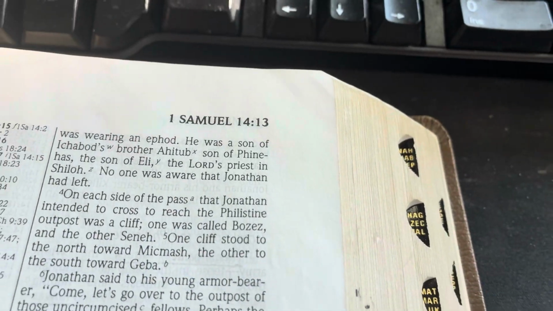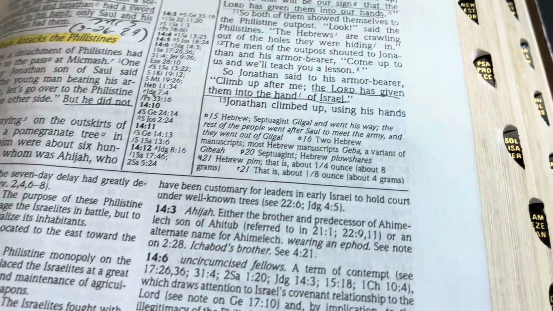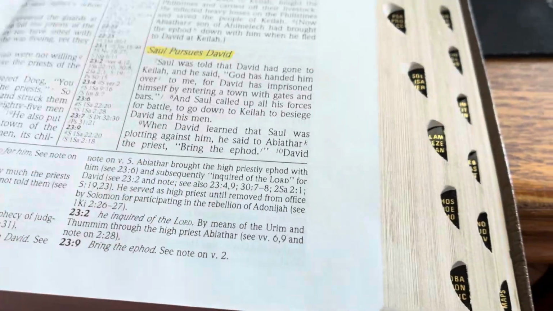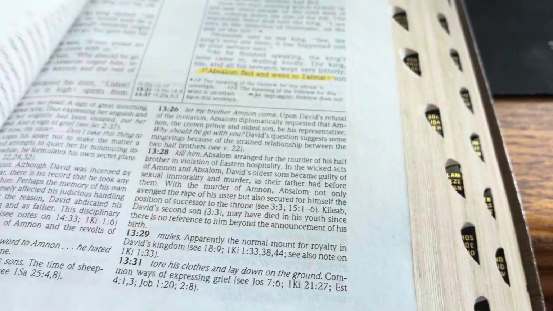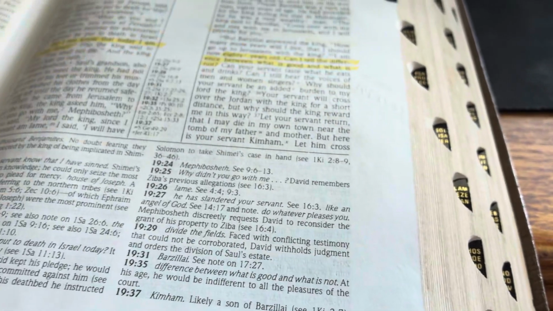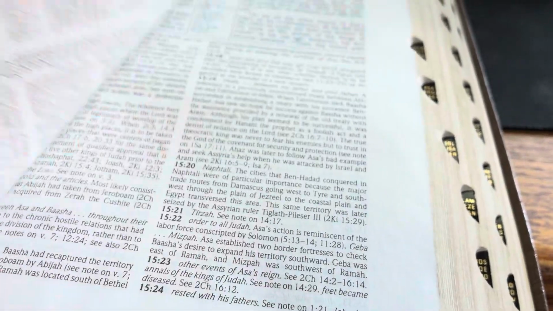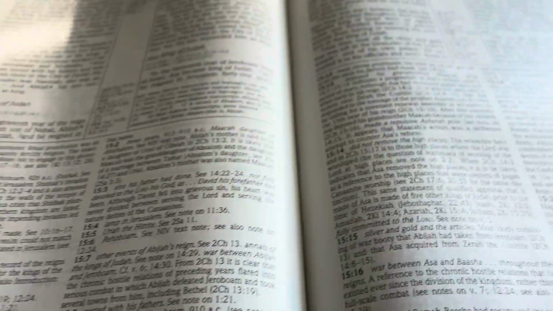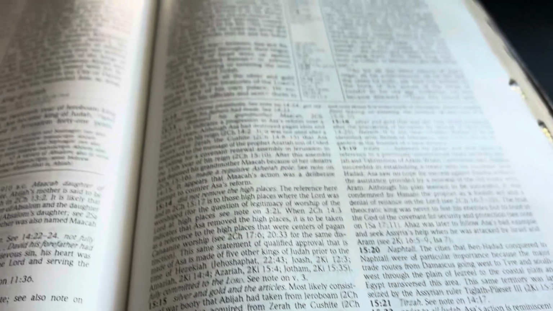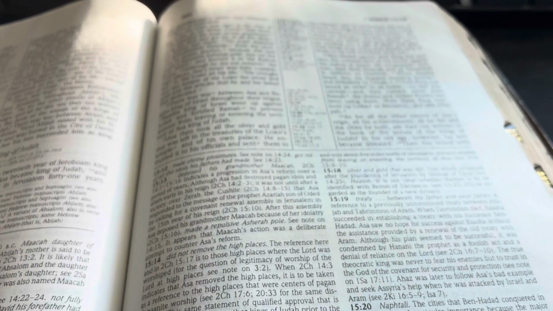It says in 1 Samuel. Yeah, skipping around now. I know that there should be some in the New Testament, so I'm going to go ahead and skip to the book of Matthew and see if I can find any there.